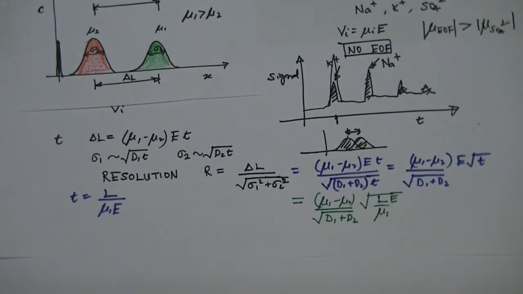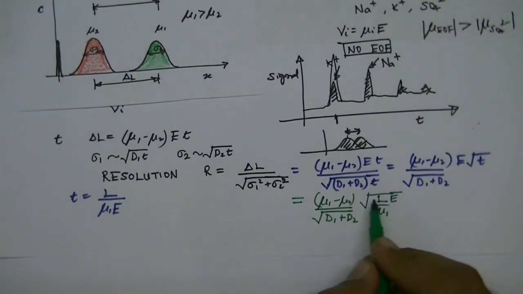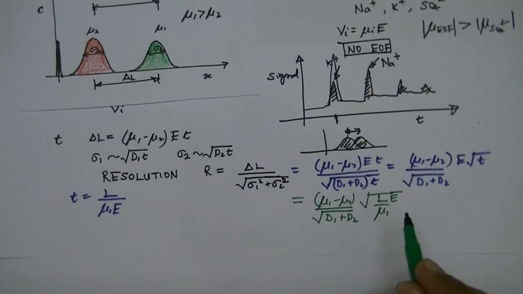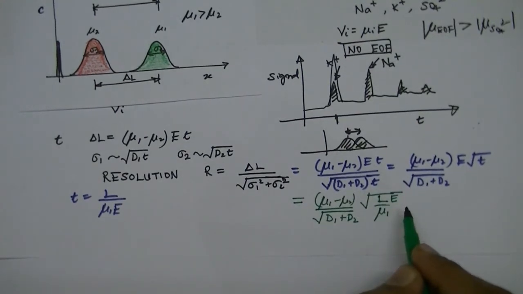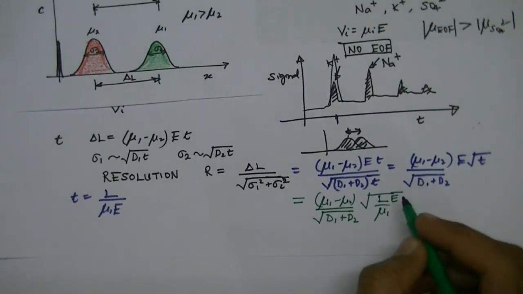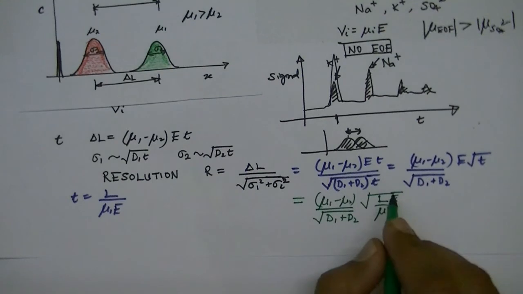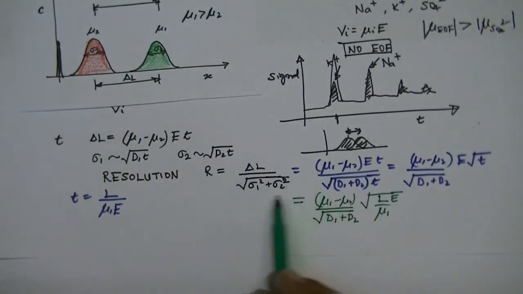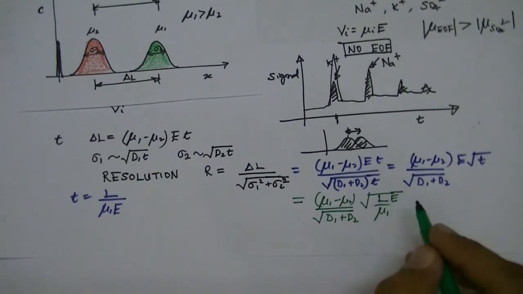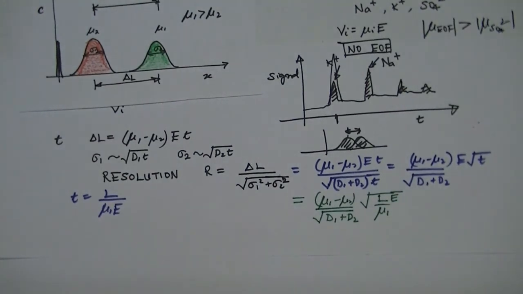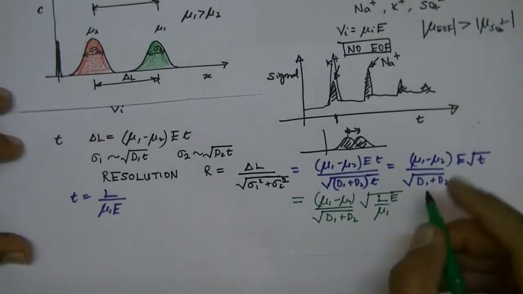Okay, so what does this relation mean? This means that if we take a longer capillary, then the resolution would be higher, and if we take higher electric field, then the resolution will also be higher.